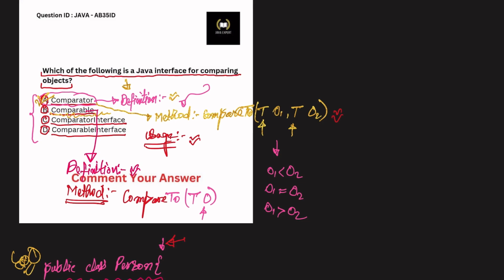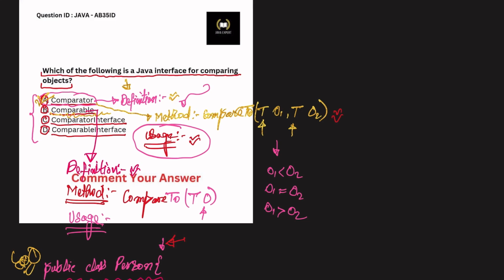For the option A, we have also seen the usage. Okay, let's check usage for comparable also, like where you can use the comparable interface. Let me change the color. Yes, you can use comparable when you want the objects of a class to have a natural ordering, like sorting by an object's primary property.